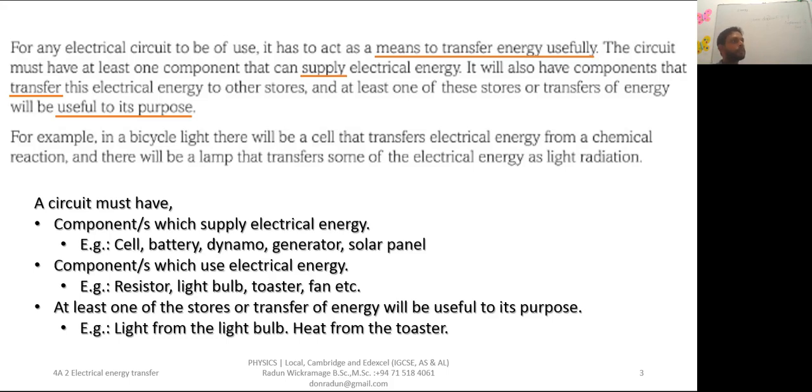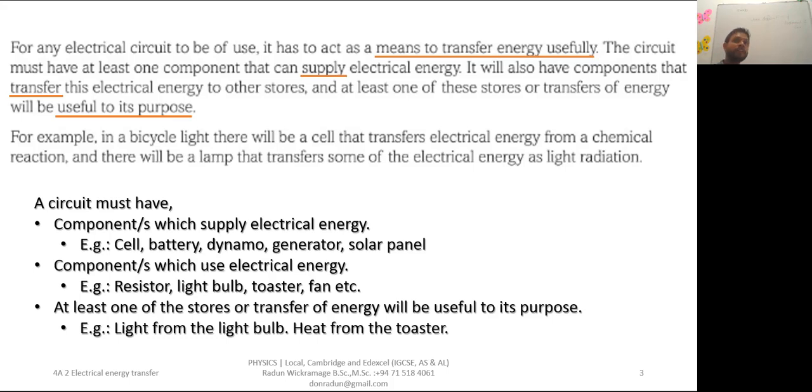So let's suppose there is a component in an electrical circuit, but you can't recognize whether it is a source of electrical energy or a component which is using electrical energy. How can you recognize that?